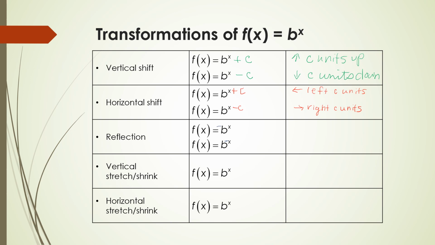If it's in front of the b, it reflects about the x-axis, which means that if it's going this way, then it's going to go this way. If it's in front of the exponent, it's going to reflect about the y-axis. So if it's going this way, then it's going to reflect and go that direction.